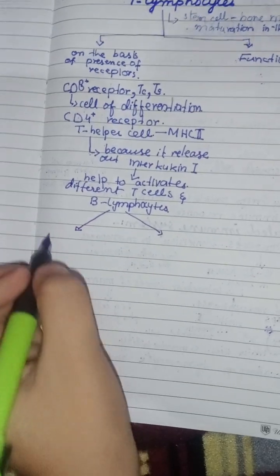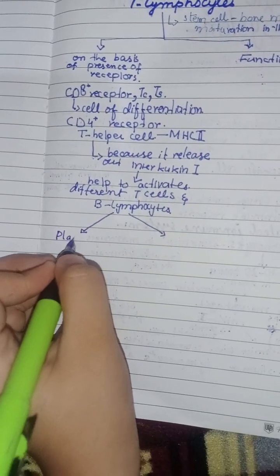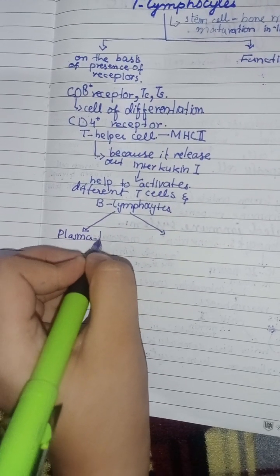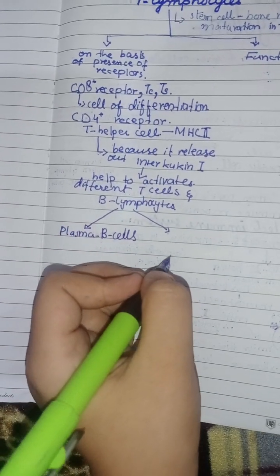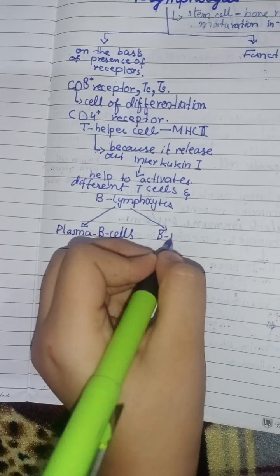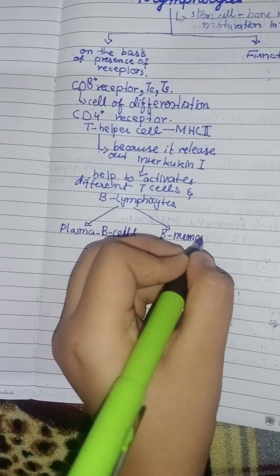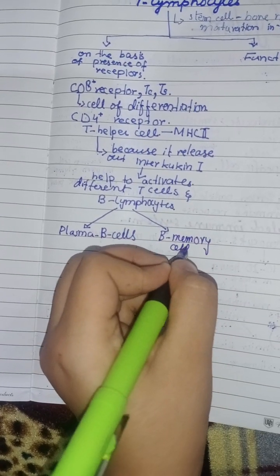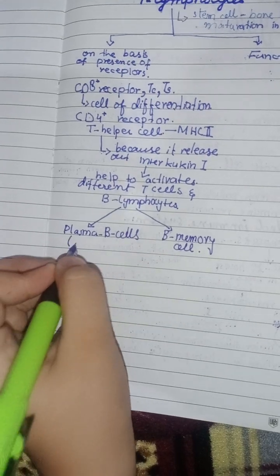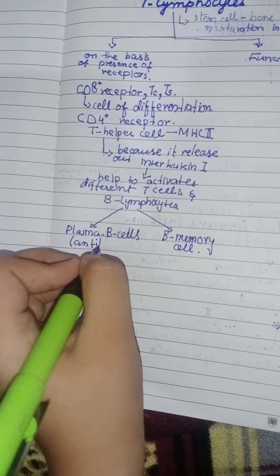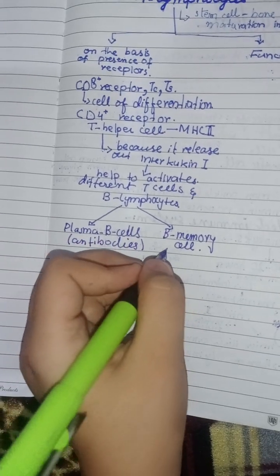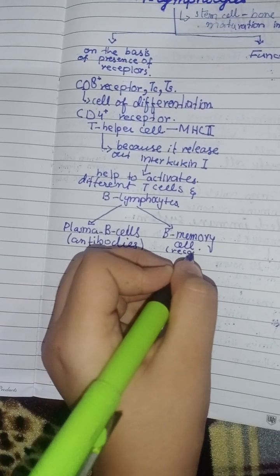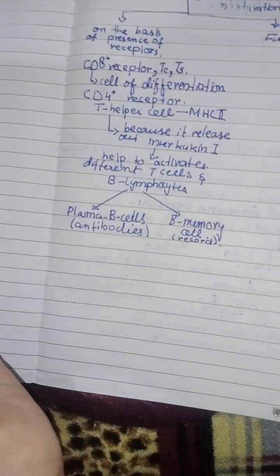Those are plasma B cell, while another was B memory cells. Okay, so these plasma cells will make the antibodies, and B memory cell will put the record of which antigen came.